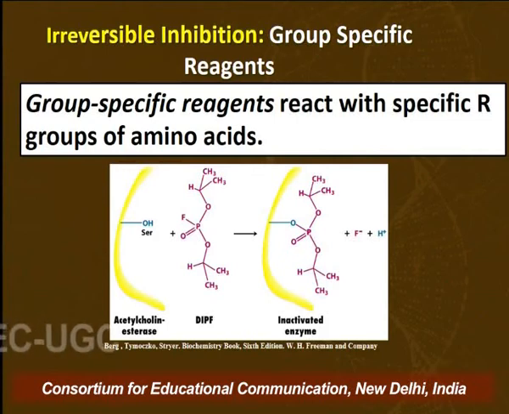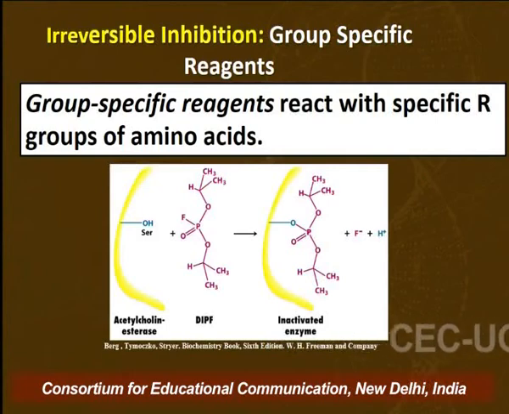Now we come to the next segment, which is called irreversible inhibition. So till now we discussed reversible inhibition, which was classified into three categories. In reversible inhibition, as the inhibitor is bound to the enzyme or the enzyme substrate complex, when the inhibition is done, the inhibitor can be released from the enzyme, and the enzyme is free to go for another round of reaction.